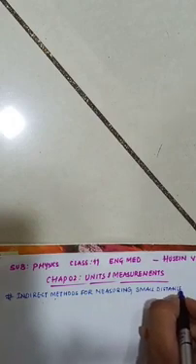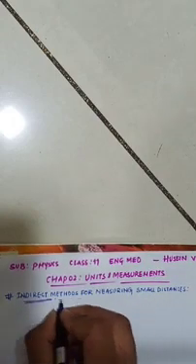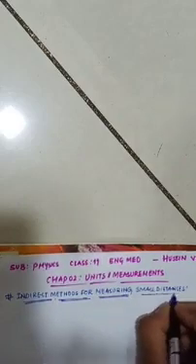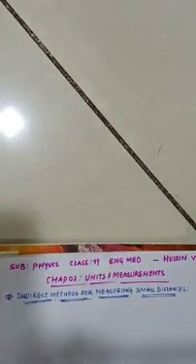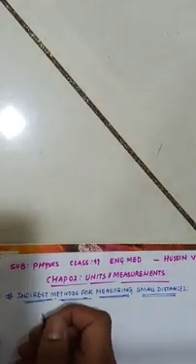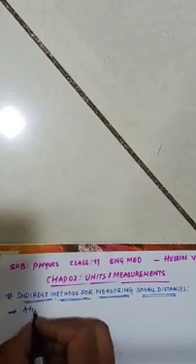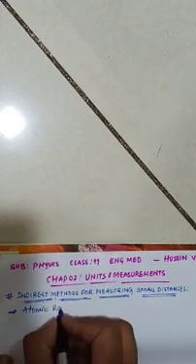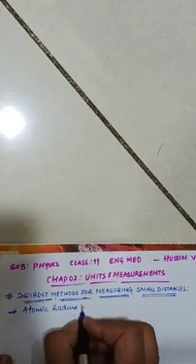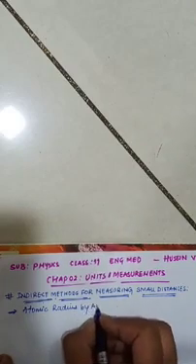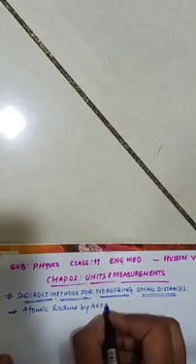In this topic we have to study Avogadro's hypothesis, how to measure small distances at the nuclear level. The very first topic is atomic radius by Avogadro's hypothesis.